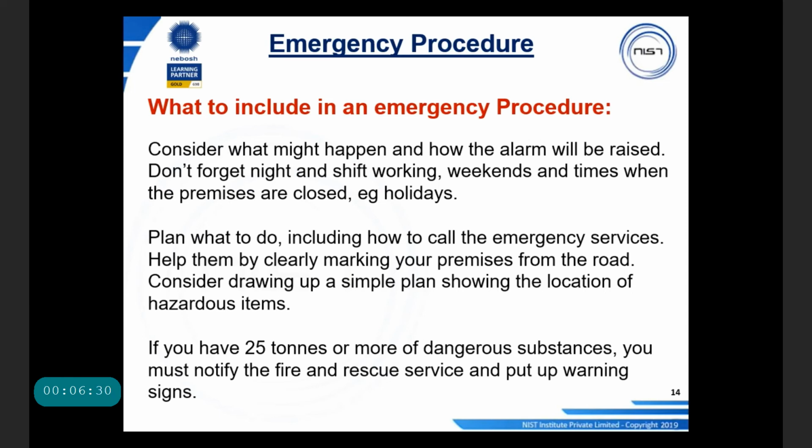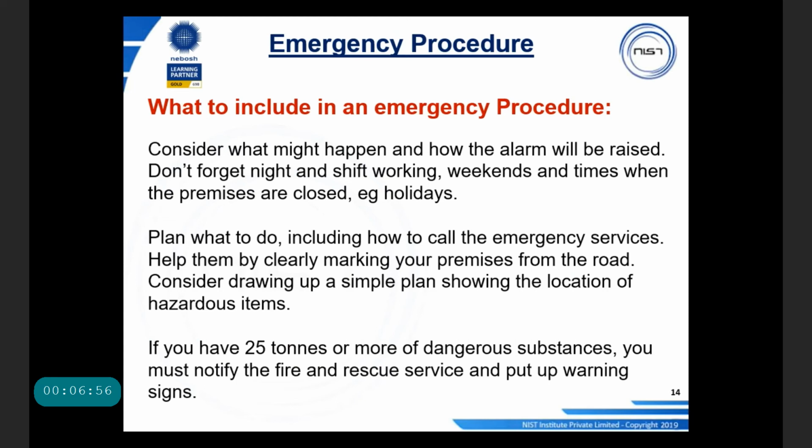Maybe for a fire hazard, you will need the fire warden or a fire marshal. But for a fall from height, you may require rescue people, somebody who has fallen from the safety harness, but he's dangling in the air. So you need somebody to go and rescue him, isn't it? So you need rescue personnel there. Let's say for an electric shock hazard, now the person has become unresponsive.